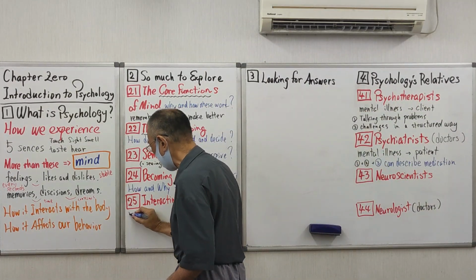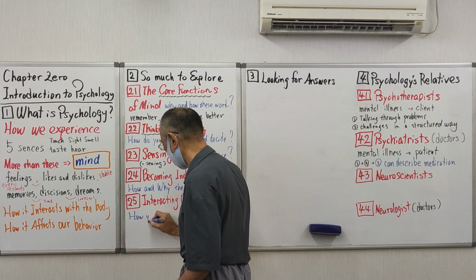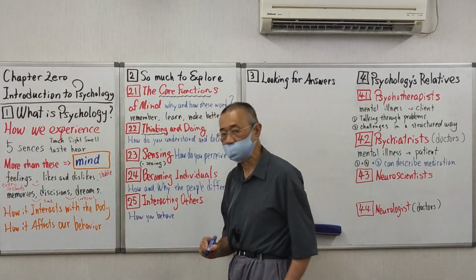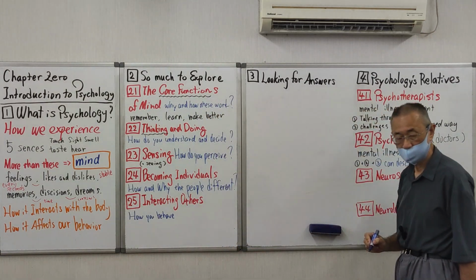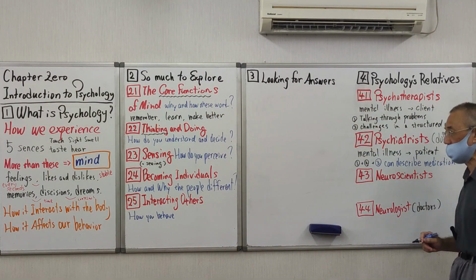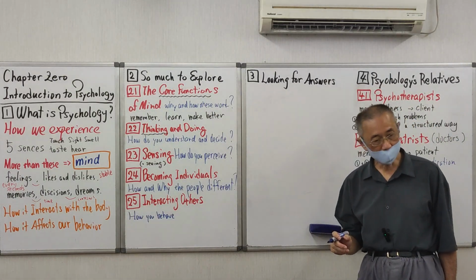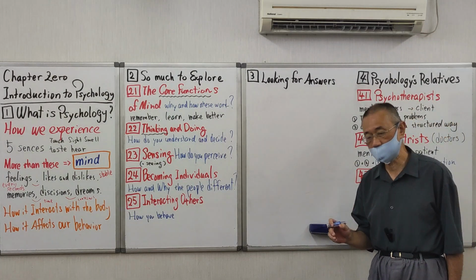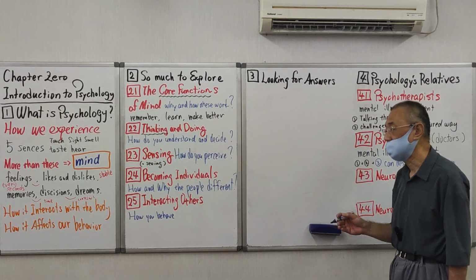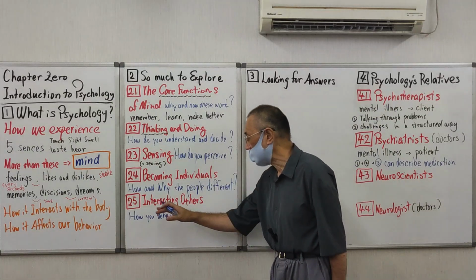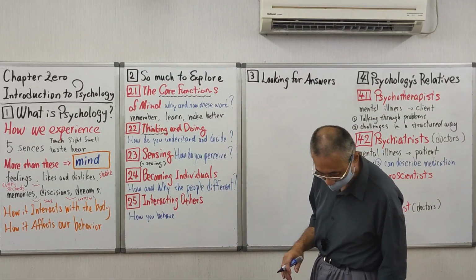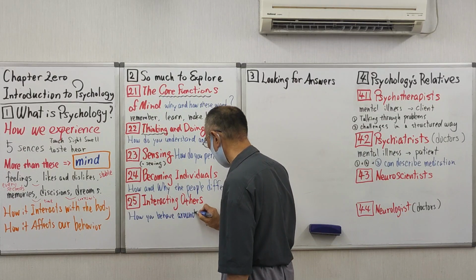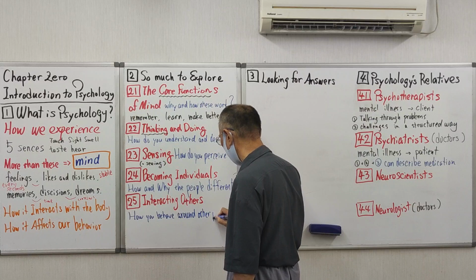So how you behave is not the question here. If you are hungry, you should eat, and if you're thirsty, you should drink. You're sleepy, you go to bed. But that is not the sense. Interacting with others means around other people.